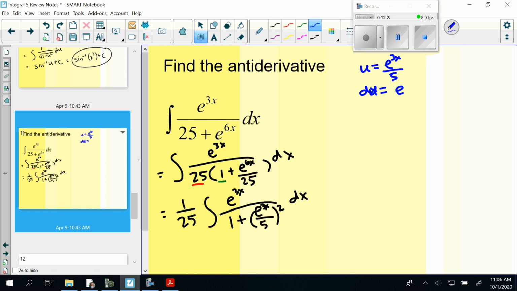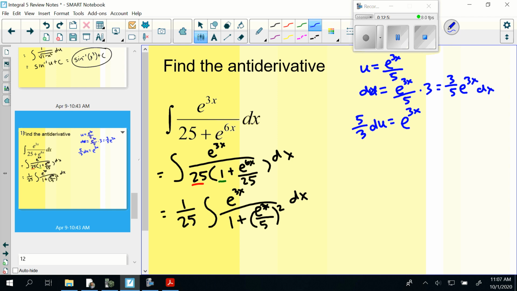So derivative of the outside would be the same thing, times derivative of the inside, derivative of 3x would be a 3, so we get 3/5 e to the 3x. I don't see a 3/5 to cancel out there, so let's multiply by the reciprocal, get that to the other side. So 3/5 du would be equal to e to the 3x.